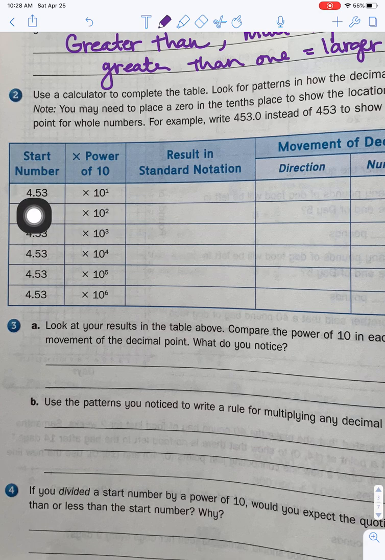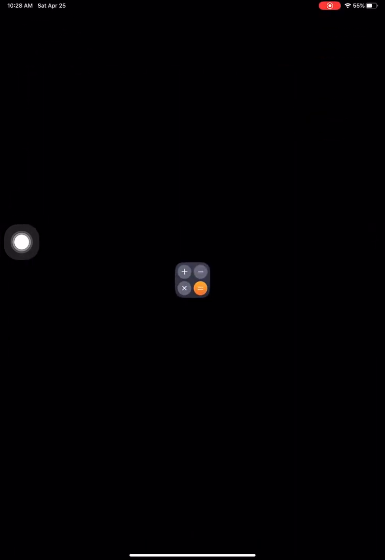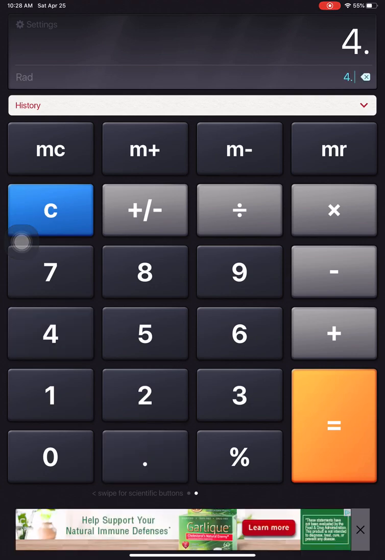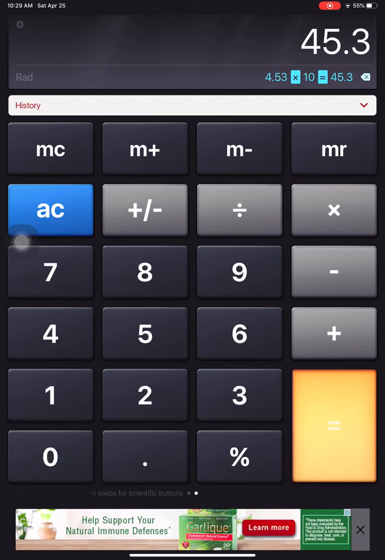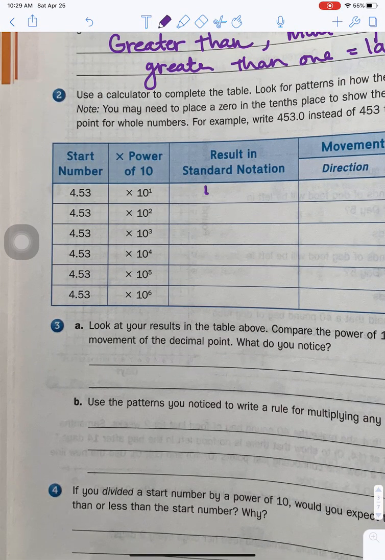So if we're thinking 4.53 times 10, our answer would be, well, let's see, I'll grab a calculator. 4.53 times 10 equals 45.3, 45 and 3/10.